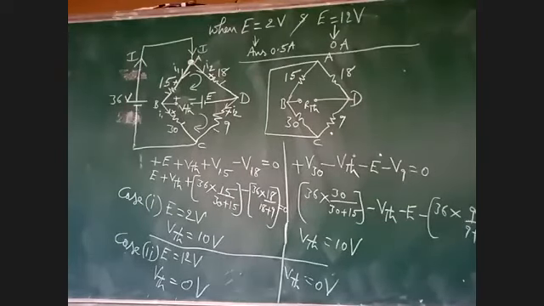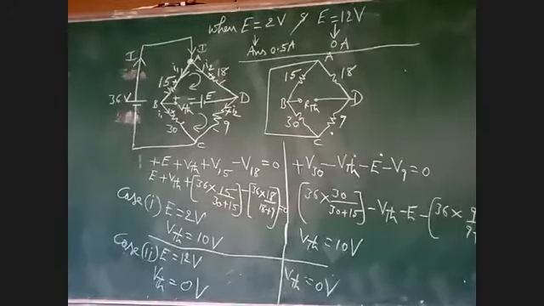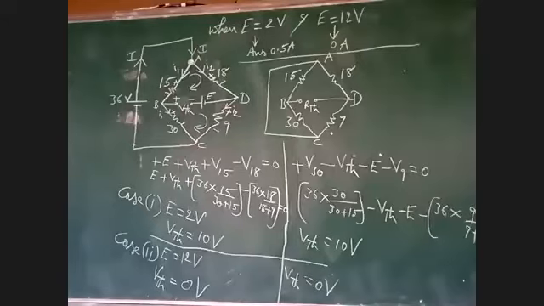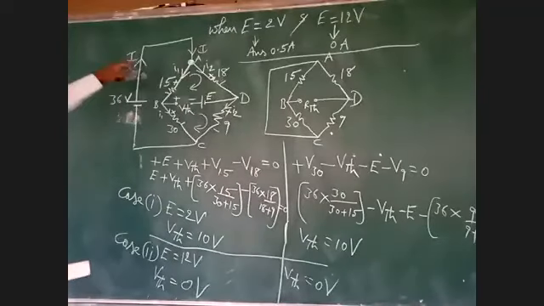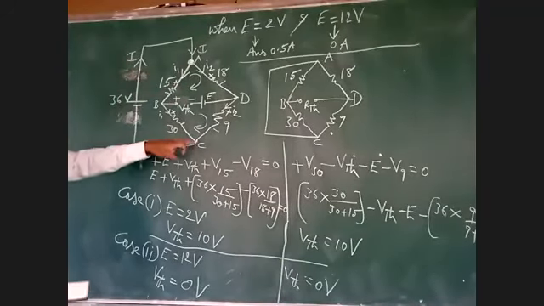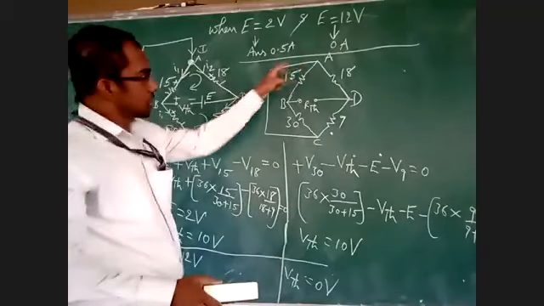Now we have to determine RTH. How many voltage sources are there here? Two are there. See here, I am shorting this between A and C. I am shorting this voltage source.